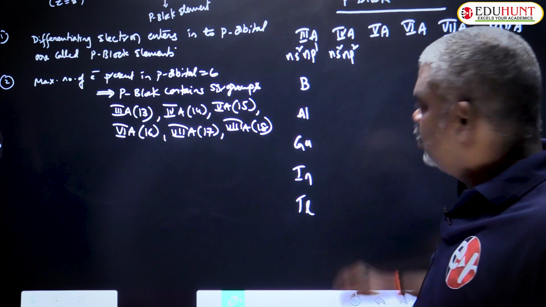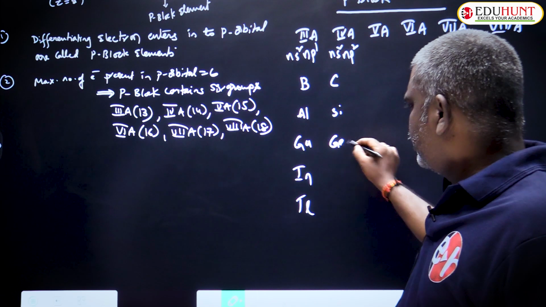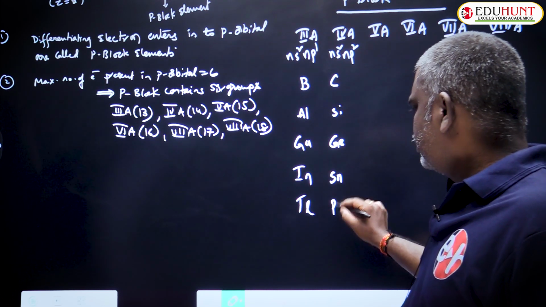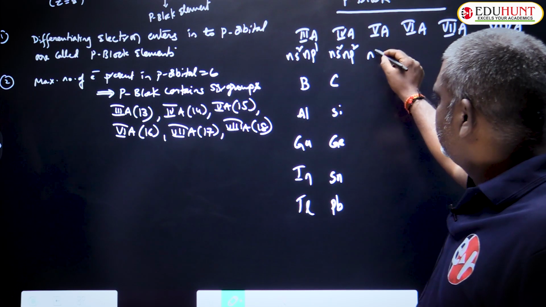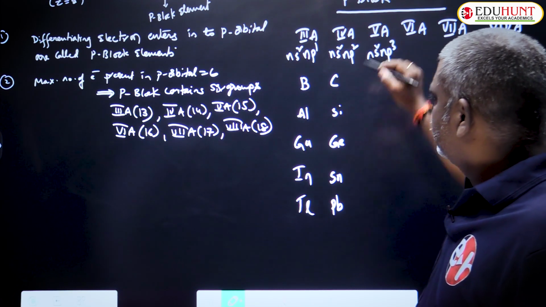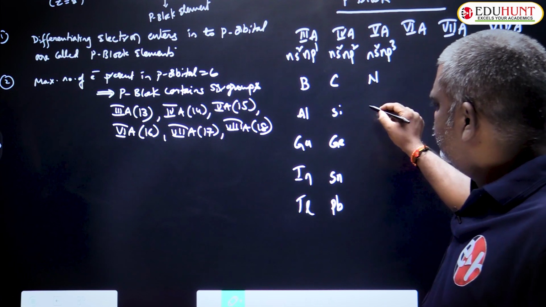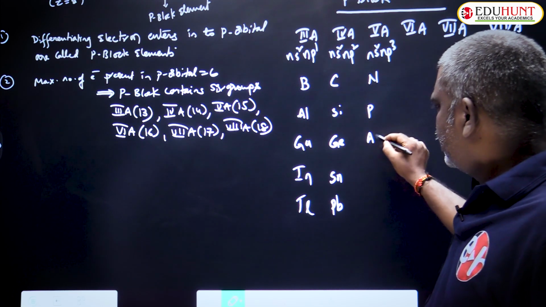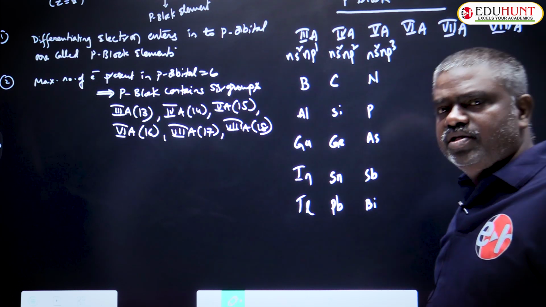The elements are carbon, silicon, germanium, tin, lead. 5A group elements are ns2 np3. They are nitrogen, phosphorus, arsenic, antimony, bismuth.